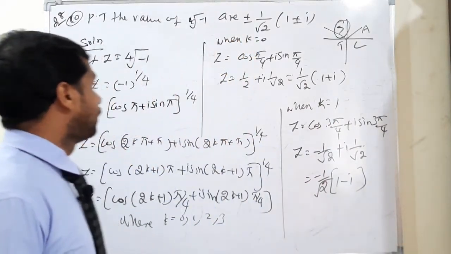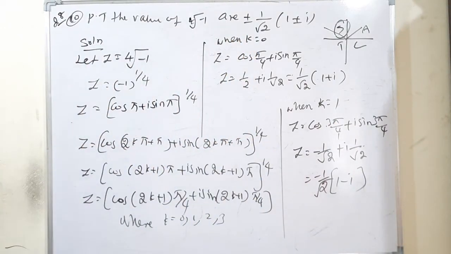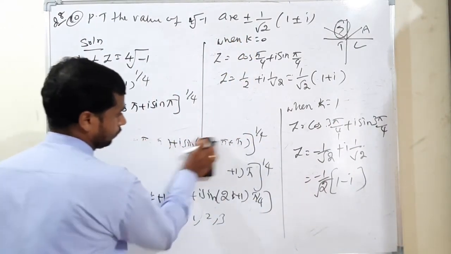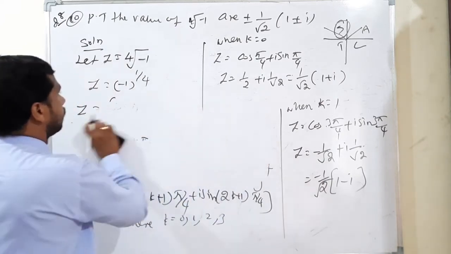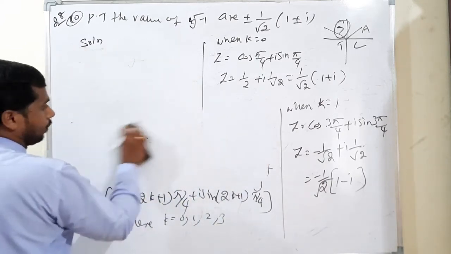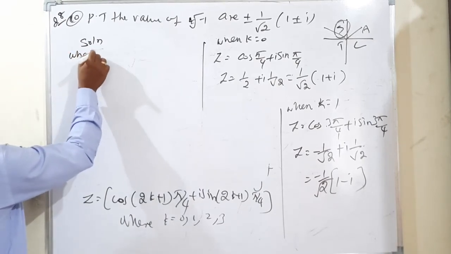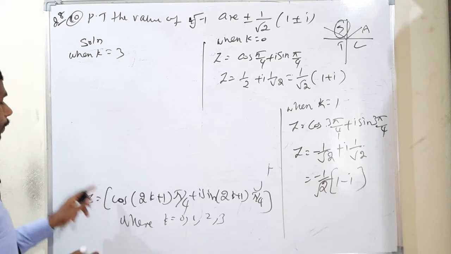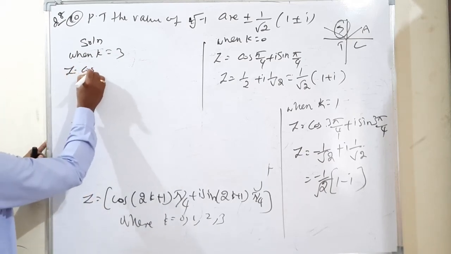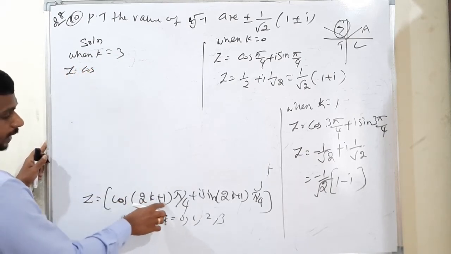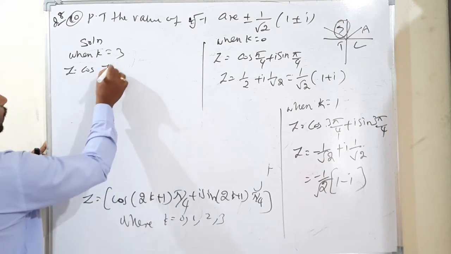Then the third one, when k is equal to 3, what will happen? z is equal to cos of 2 into 3 is 6, 6 plus 1 is equal to 7, 7 pi by 4, isn't it?